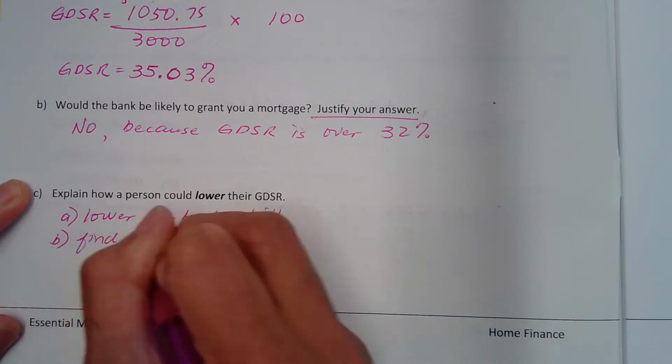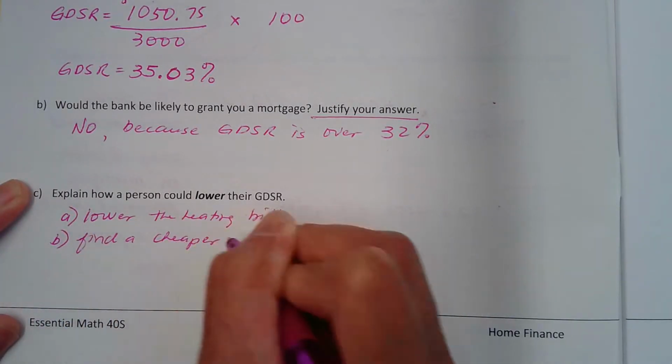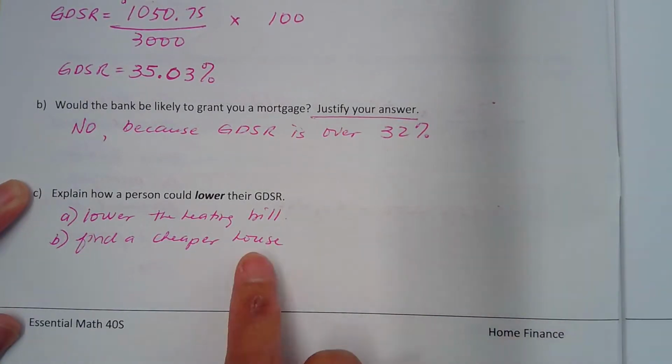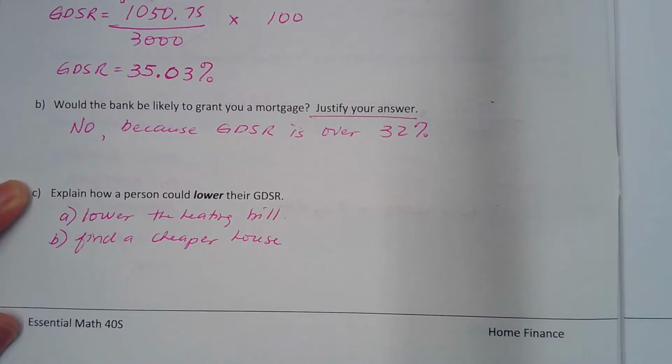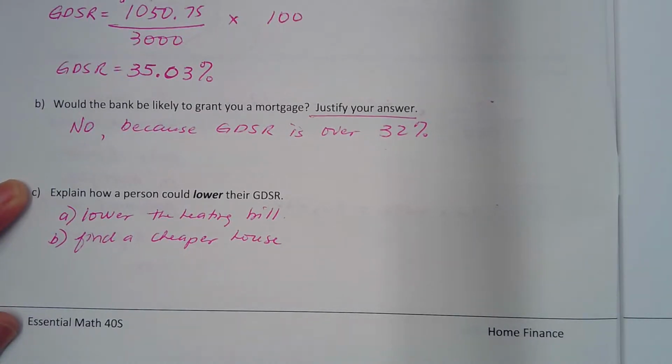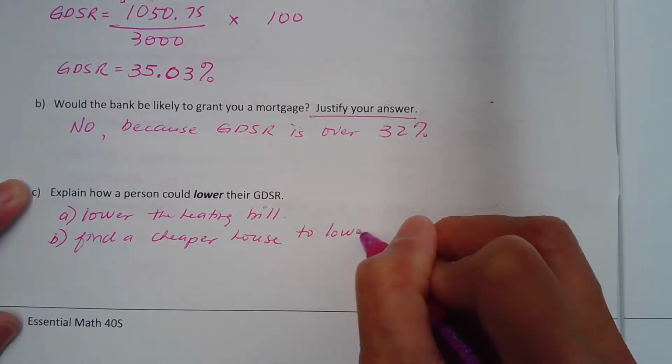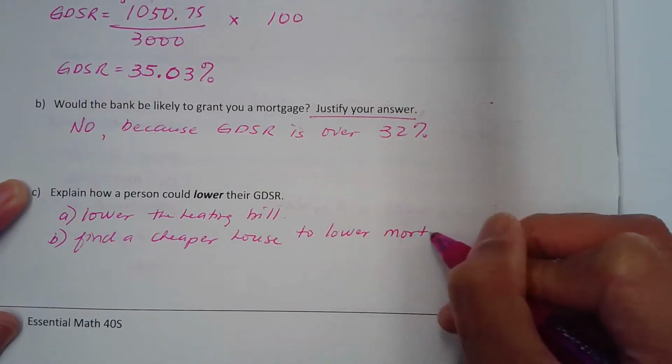Find a cheaper house. And what does a cheaper house do? It lowers the monthly mortgage, right? So if the house I found is way too much for my income, I have to look for a slightly smaller house.